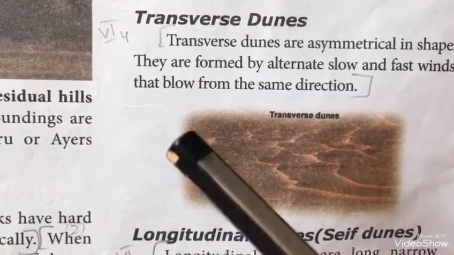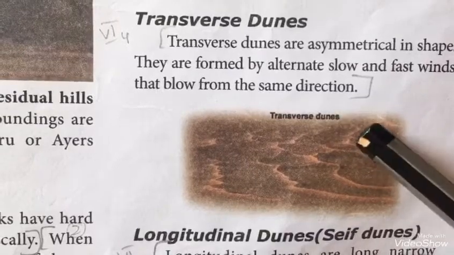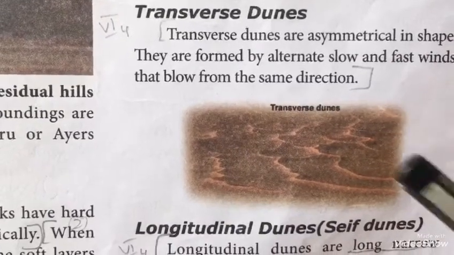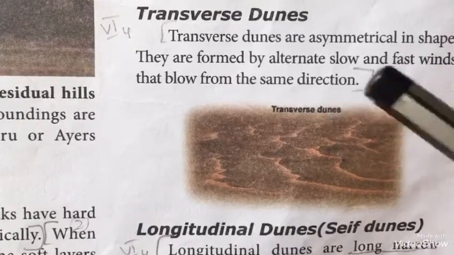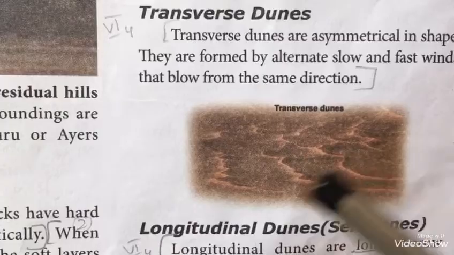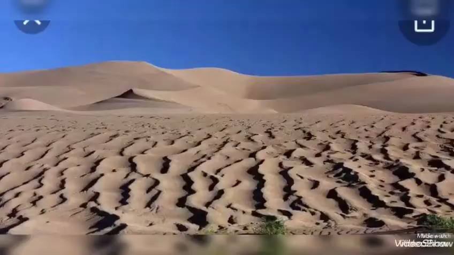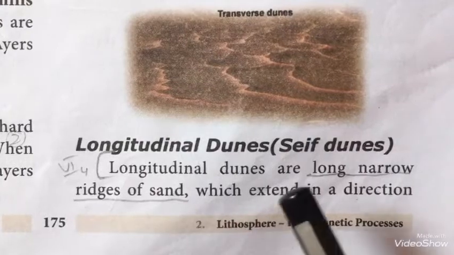If the wind blows fast in the same direction, it may create a landform which is even. But here the wind blows in the same direction slowly and fast, so it creates a landform which is irregular. This is transverse dunes.